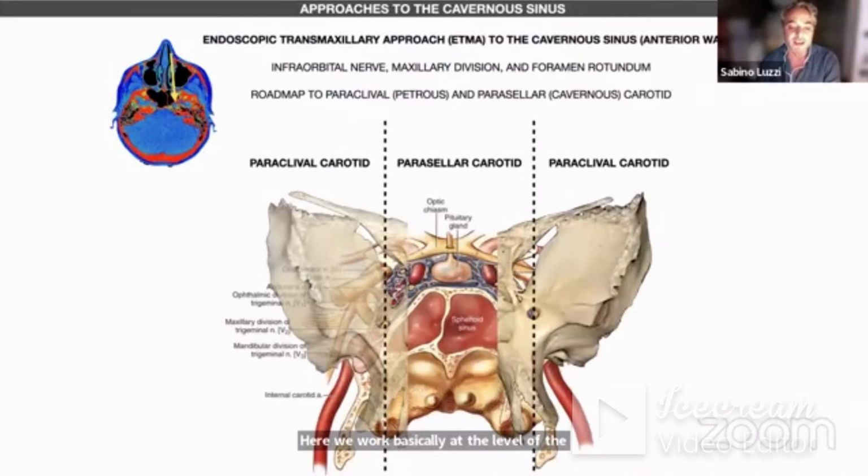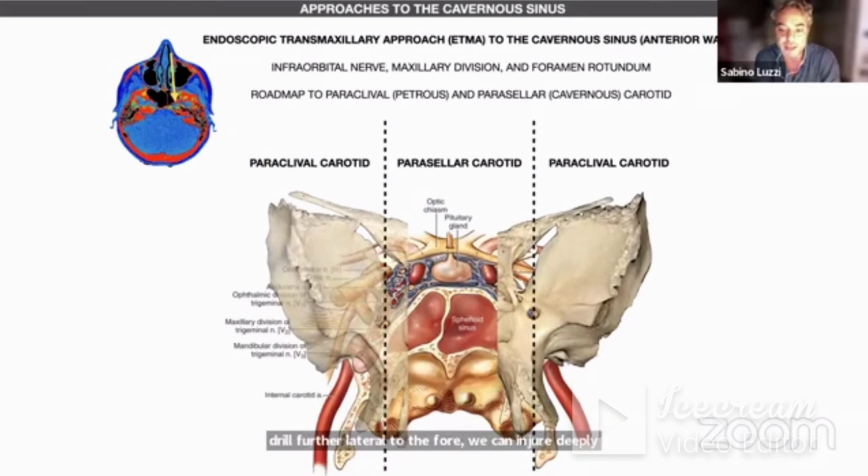When we identify the foramen rotundum, which is just superior, as we see in this picture, and lateral to the Vidian canal and Vidian nerve, the projection of the foramen rotundum is critical to avoid injury to the internal carotid artery. Why? Because if we drill further lateral to the foramen rotundum, we can deeply injure the petrous part of the carotid artery.